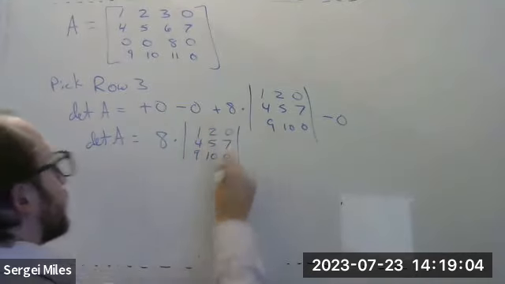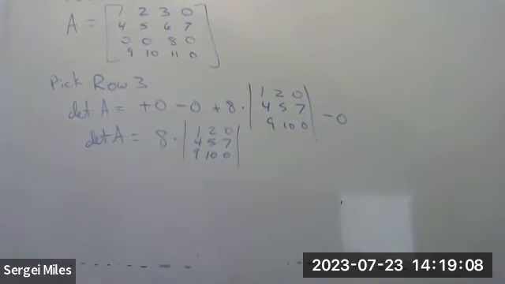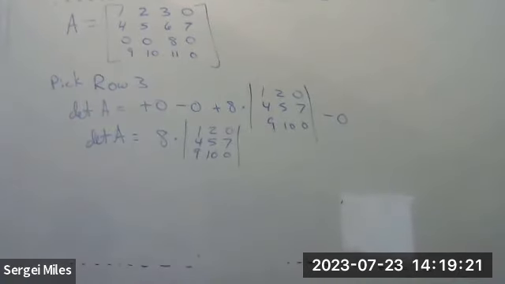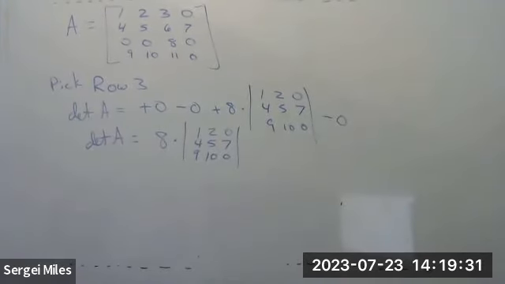Well, this submatrix is a 3x3, which means I've got to use that formula again to break this down until I'm taking the determinant of 2x2s. But that's okay. What's the determinant of a 3x3? Pick your favorite row, pick your favorite column, and do the exact same process. In fact, what's handy about this submatrix is that column 3 has 2 zeros. So let's pick column 3.